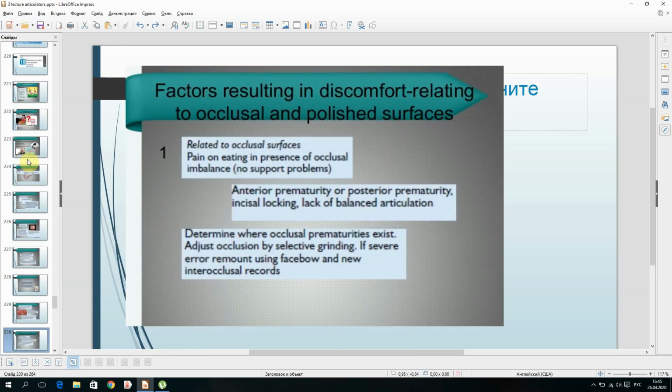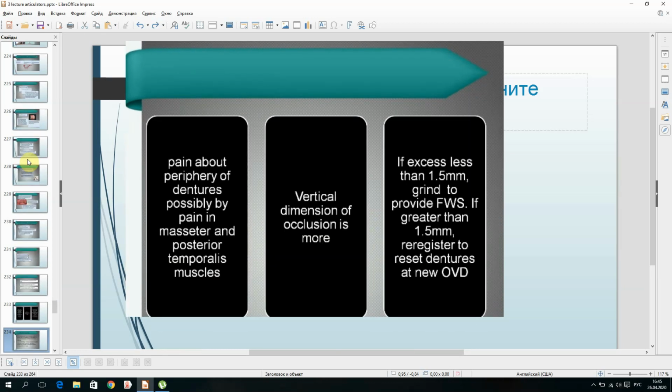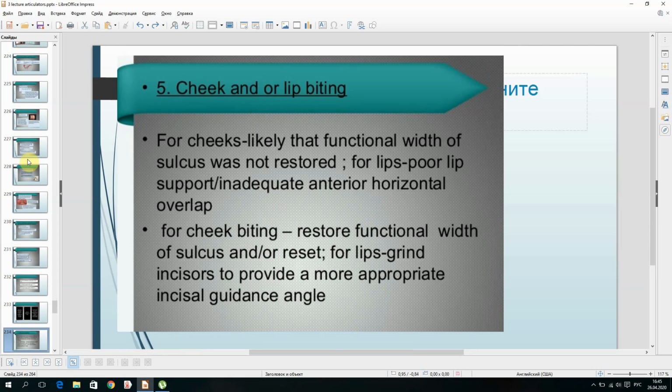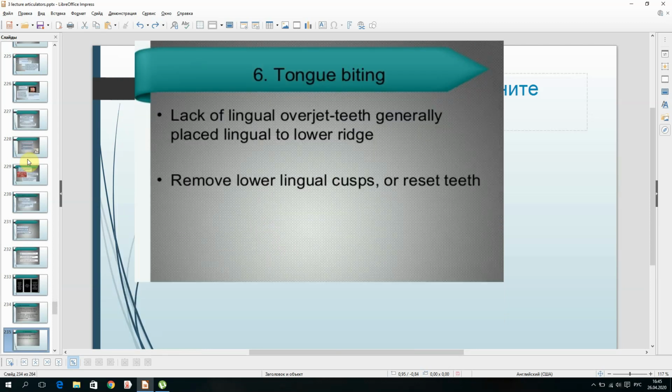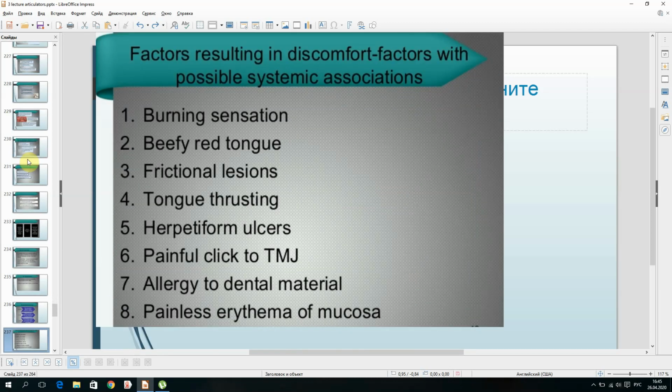Factors resulting in discomfort relating to occlusal and polished surfaces: cheek and or lip biting, tongue biting, related polished surfaces. Factors resulting in discomfort: factors with possible systemic associations.